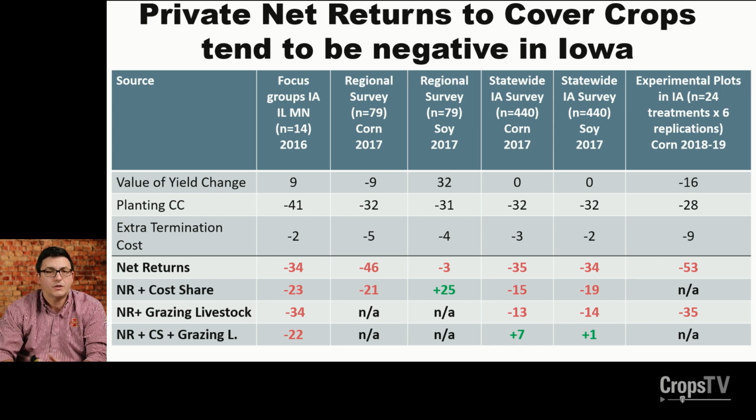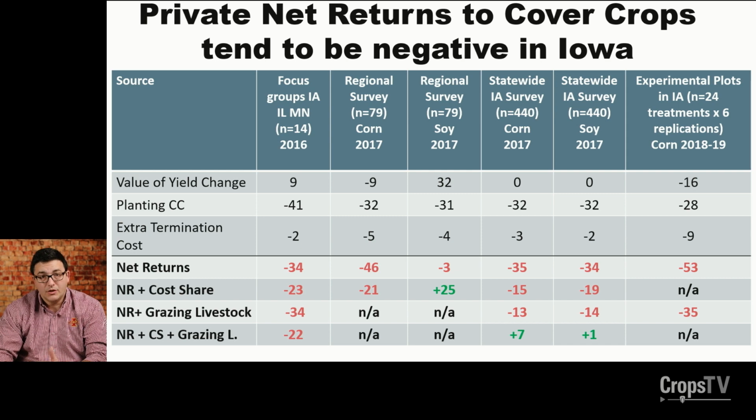2019 and even 2020. And in all cases, on average, the net returns to cover crops in particular are negative when we incorporate the value of yield change, the cost of planting cover crops, the seed, the machinery, etc., and the extra termination cost.